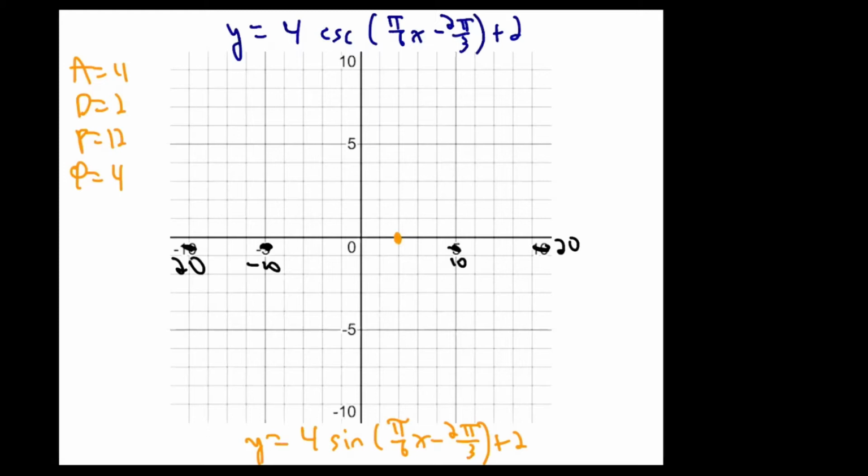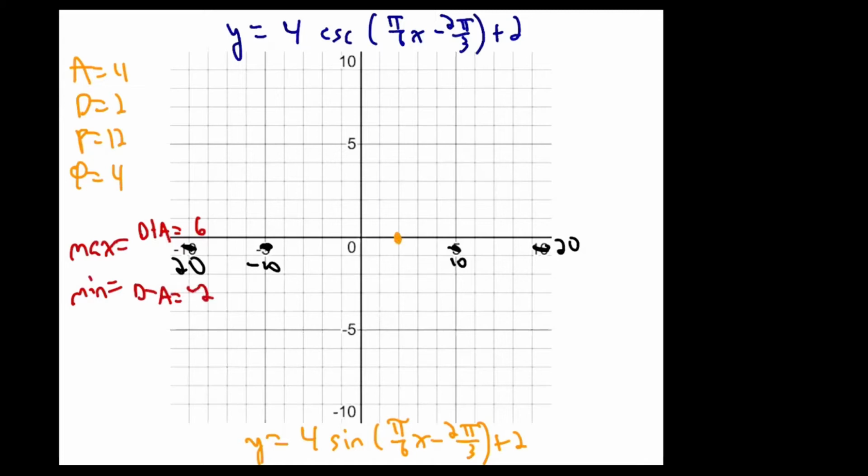What are our max and min values? 6 and 2 for the sine. How'd you get that? It's A plus D and A minus D for max. So it's actually D plus A, which is the same thing, which is 6. And then minus A. Oh, okay.